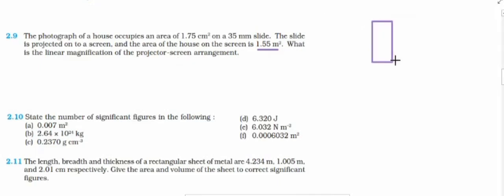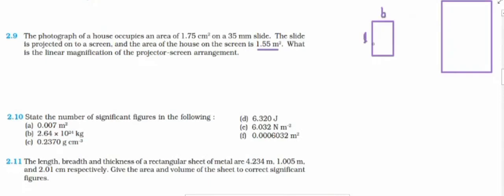So look here. We can have a rectangle. Assume you observe it through a lens and you can observe the rectangle like this. So we have L, B, and here you can have B dash.